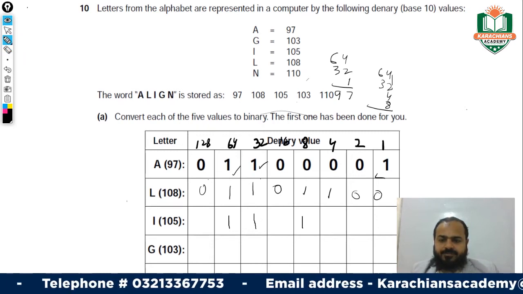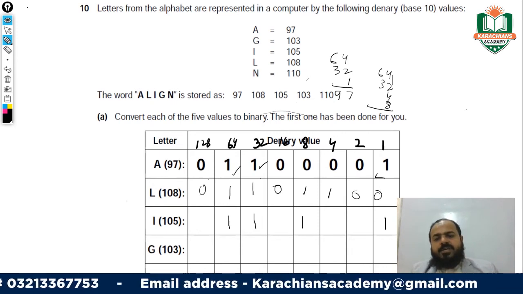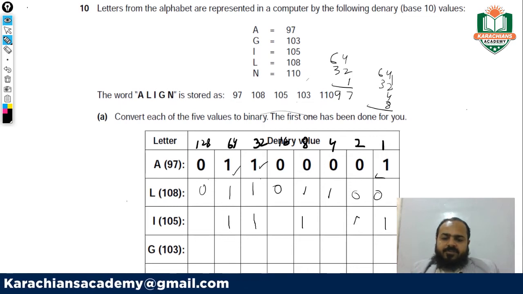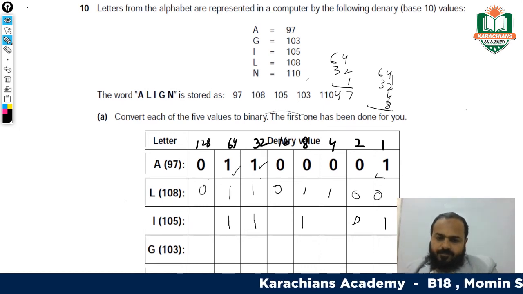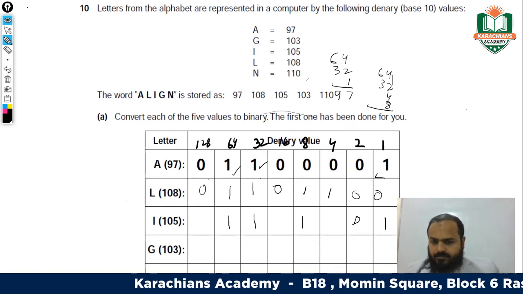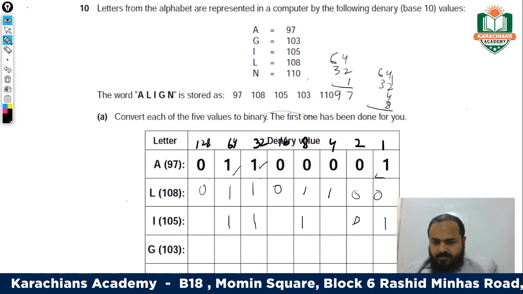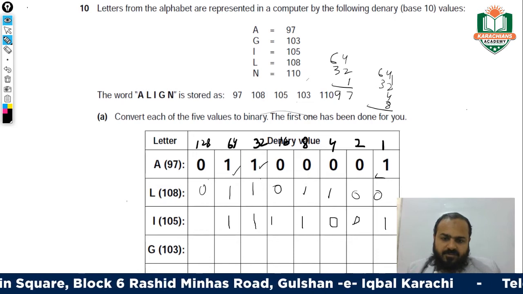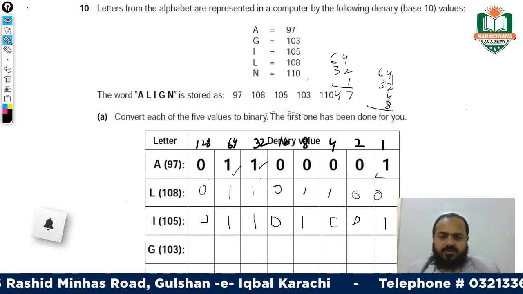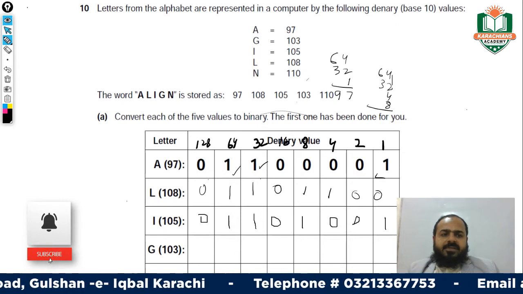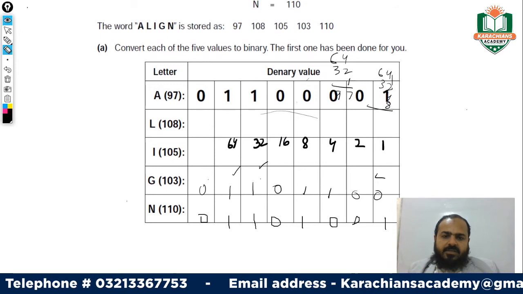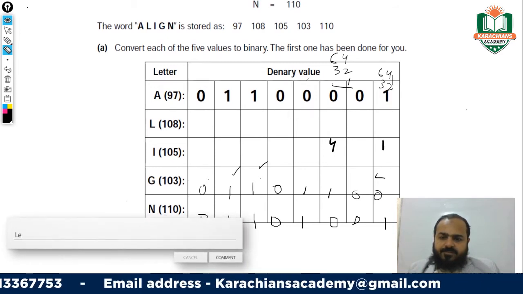Now it becomes 105, and the rest of them become 0. This one is also 0. This one is also 0. So this is the method that I tell you here. This is how we can solve this question, and the method I have written at the top.